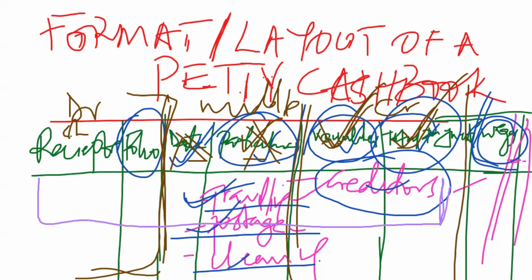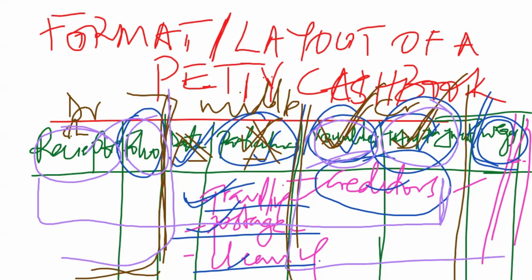So this is where the petty cash book has the receipts and folio. That is the debit side. Then we have the credit side, with the voucher numbers and then the payments, because when you're paying, you pay through the voucher numbers, payment vouchers. Then what is in the middle here will be the date and the particulars column, which will be catering for both payments and receipts.